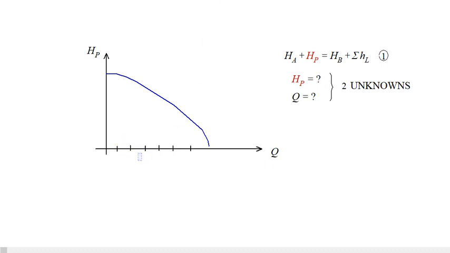So we can assume one of them, which is 30, for example. I can assume 30, and I will call it trial 1. I'm trying to explain it step by step so that we can understand together how we can solve it. So I can say Q is going to be 30, assumed. 30, by the way, liters per second.